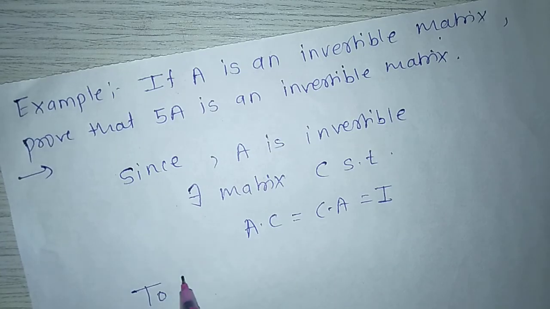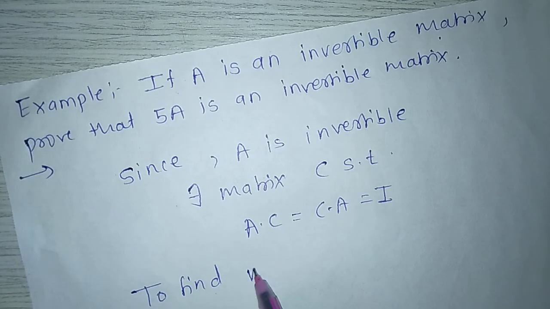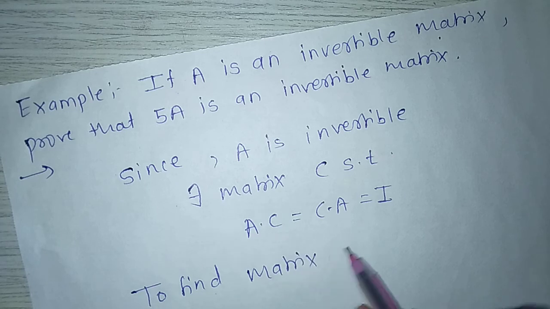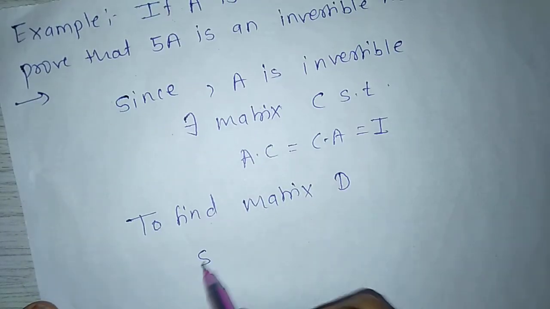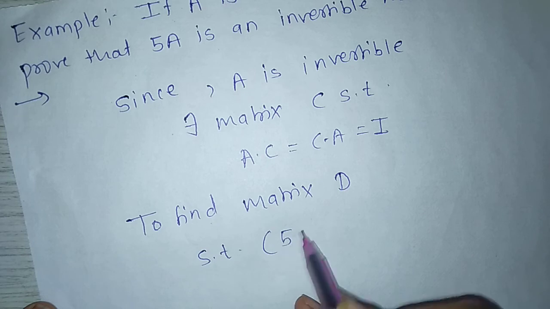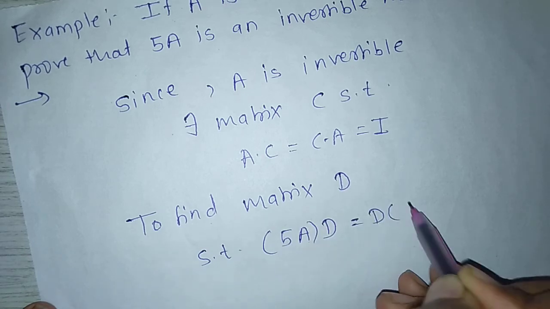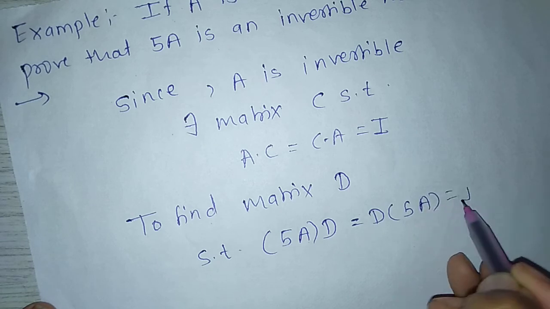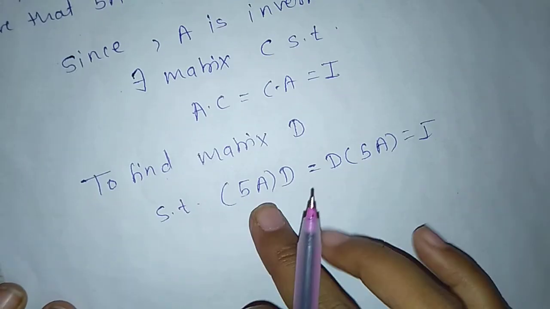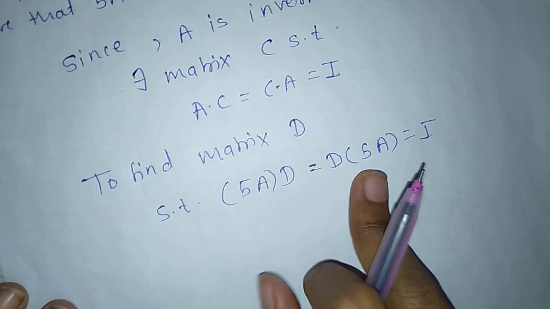We need to find a matrix D such that phi u A into D equal to D into phi u A equal to identity. When this holds, we can say that phi u A is invertible.